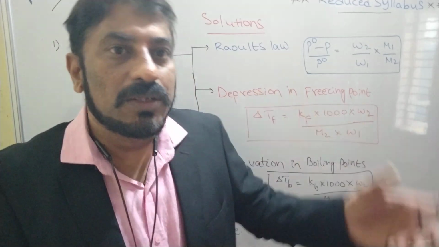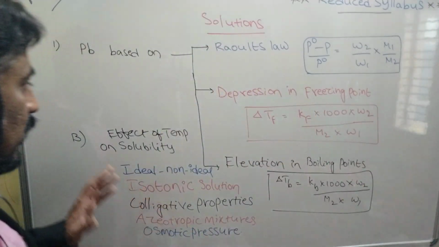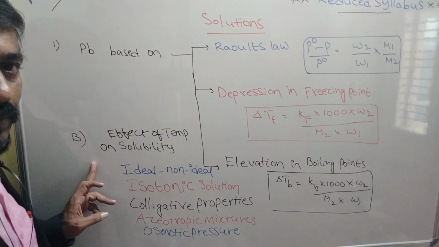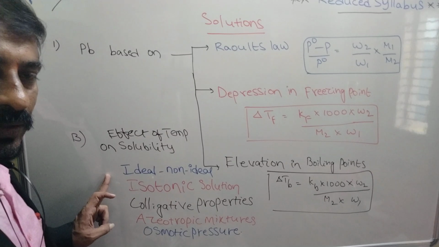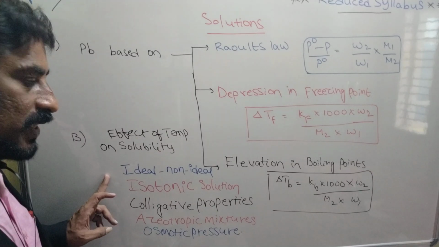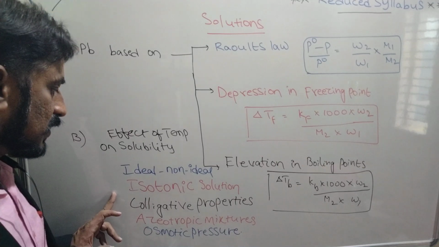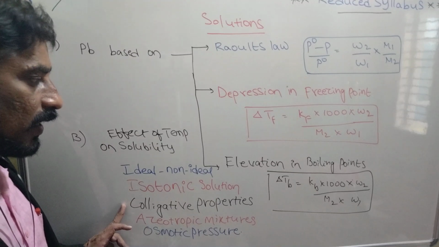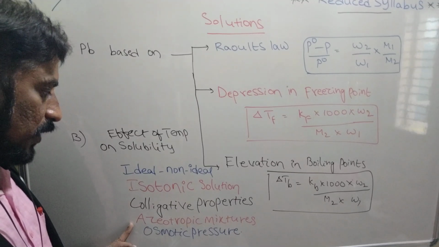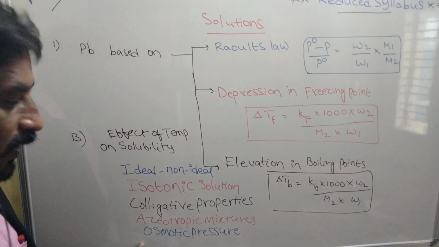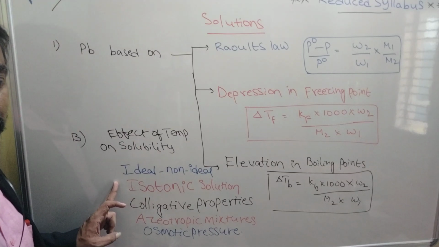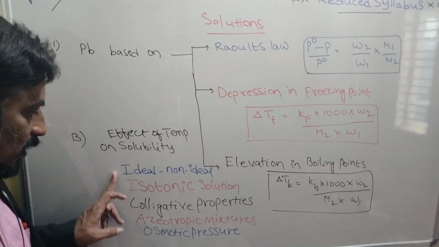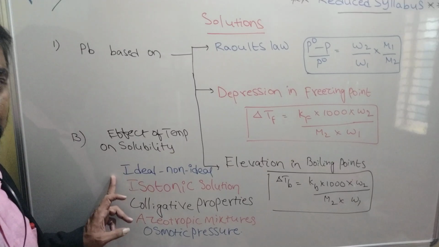After that, they add a theoretical question. In those theoretical questions, the main ones are effect of temperature on solubility, ideal and non-ideal solutions, isotonic solutions, and colligative properties with examples, that is, the definition of colligative property and an example. Also azeotropic mixture and osmotic pressure. Among isotonic solutions, colligative properties and ideal solutions, any one is asked for 2 marks.